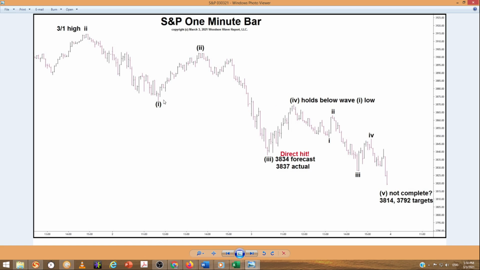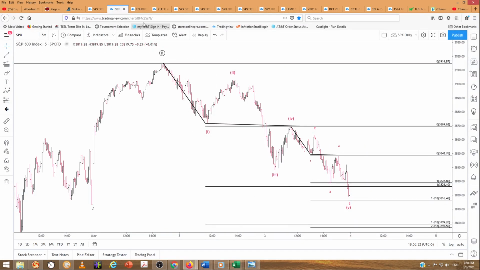Again, wave 4 high holds below the wave 1 low. And this 5th wave here is developing. Here I've got the targets for wave 5 at 38.14 and 37.92, and then we'll need to retrace this 3rd wave. Okay, so let's look at that again. In here, that would be a 1, 2, 3, 4, 5. We'd need to retrace that.